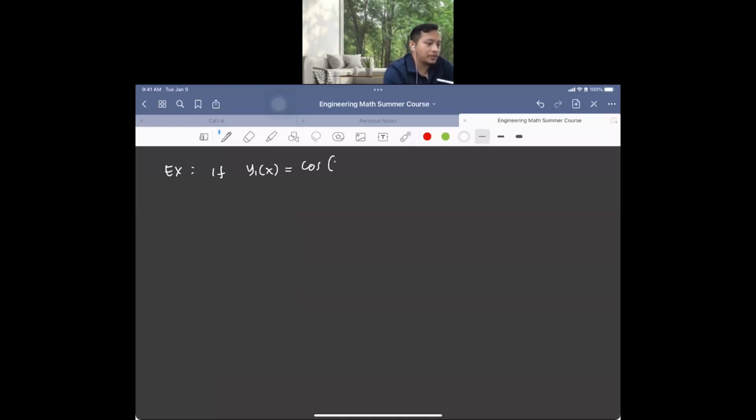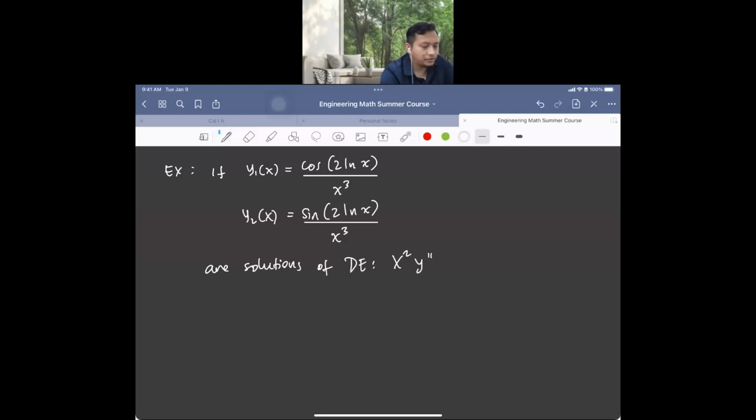If y1(x) and y2(x) are solutions of the differential equation x squared y double prime plus 7x y prime plus 13y.